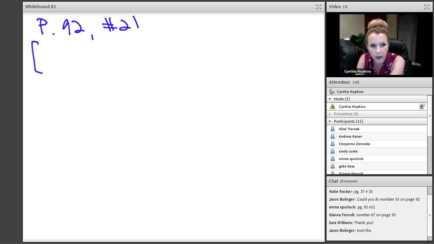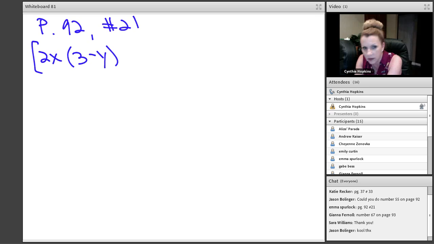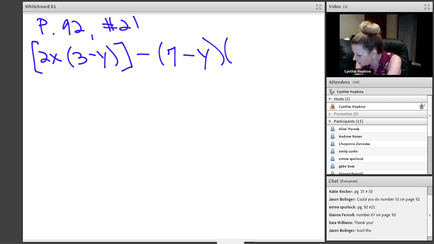Okay, so we've got bracket 2x, the quantity, 3 minus y, and then close brackets, and then minus parentheses 7 minus y, that quantity times 2x minus 3y.